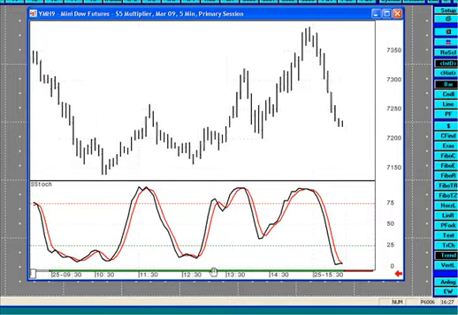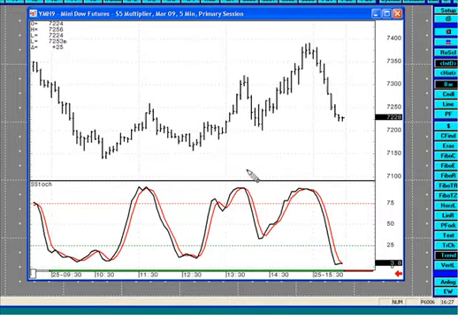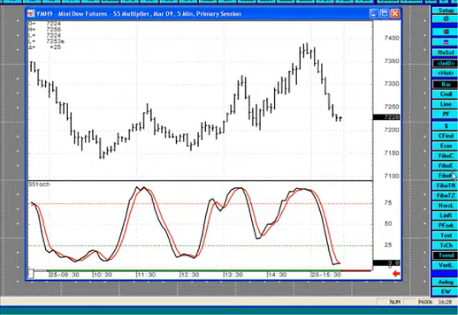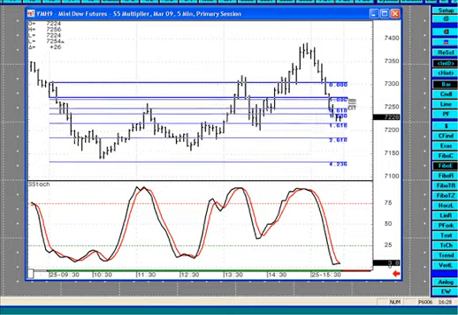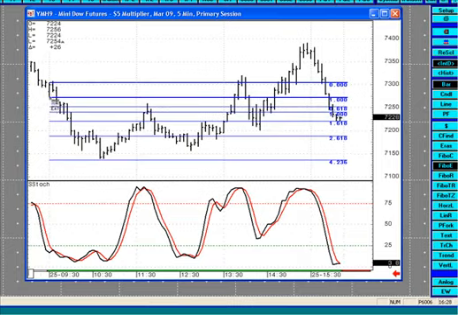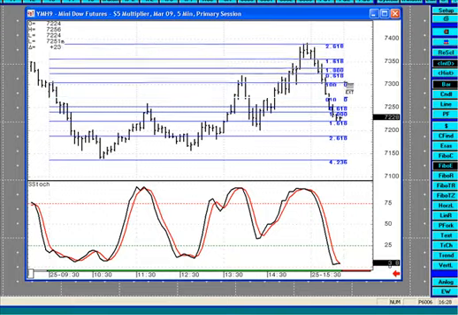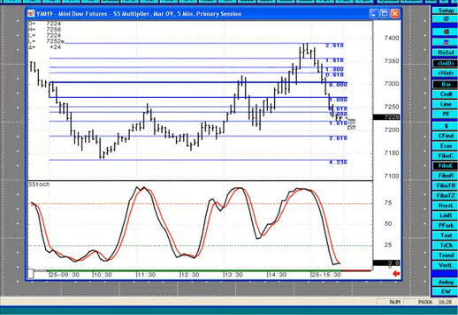Now, whenever you're applying the approach with regard to the stochastics, look for those extreme readings of overbought and oversold. They'll be very helpful in actually identifying whether or not prices are going to slice through one level and continue higher to the next one.